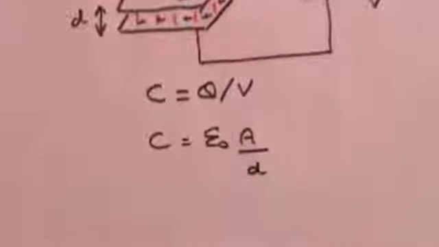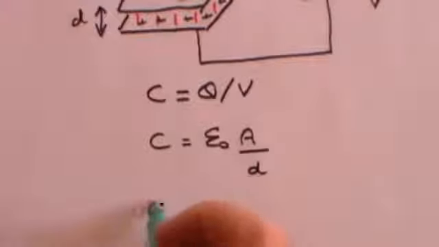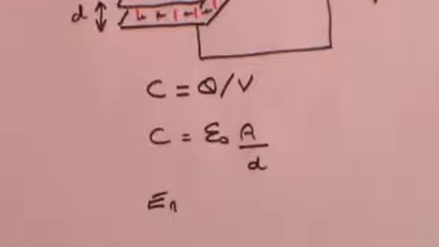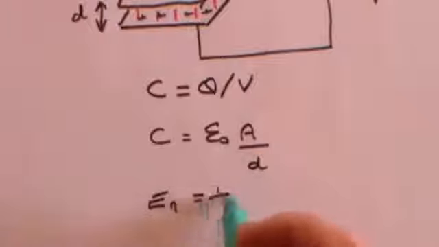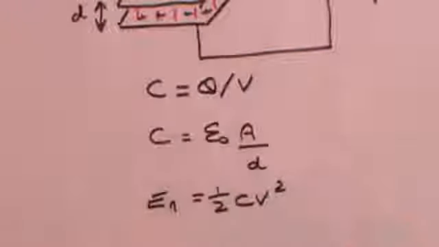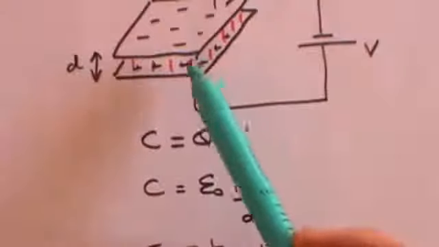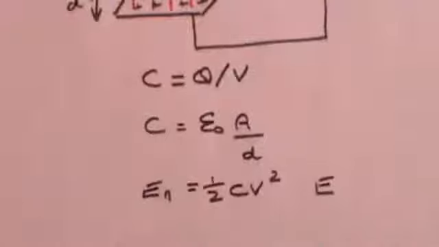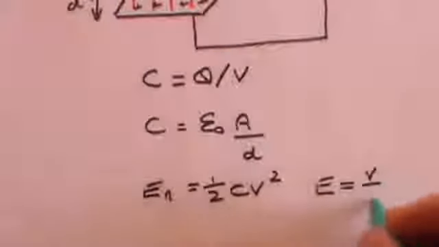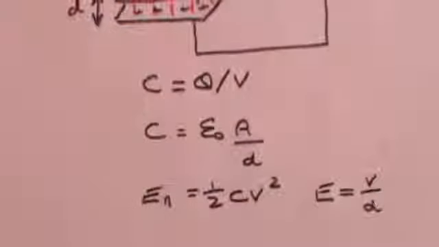We also learned that the energy stored in the capacitor, that is of course stored in the electric field, is 1/2 CV squared. And we know that the electric field between the two plates is equal to the voltage divided by the distance. It is measured in volts per meter.